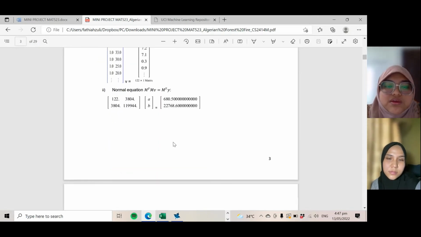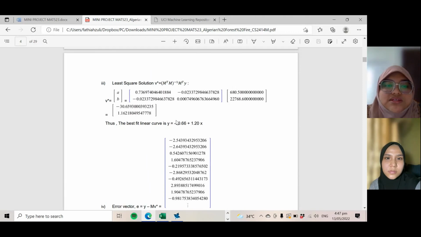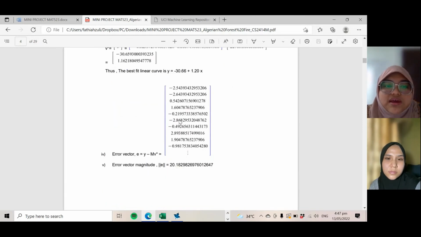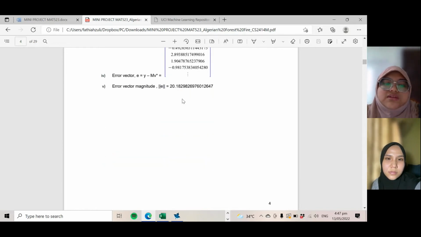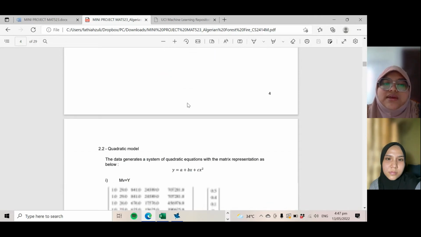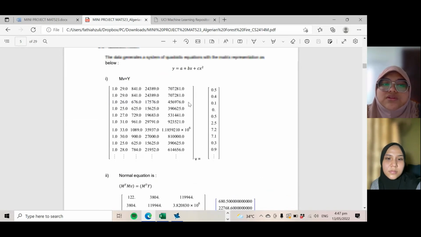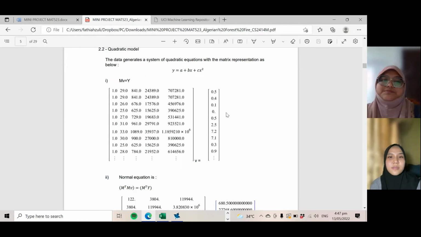And then we found the normal equation and the least squares solution, and we got the best fit linear curve, which is y equals negative 30.66 plus 1.20x, and then we find the vector magnitude and so on.